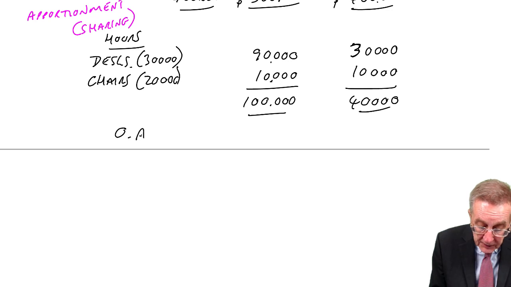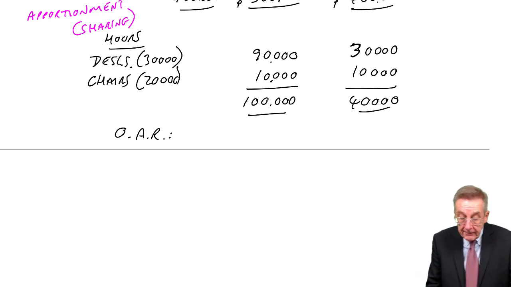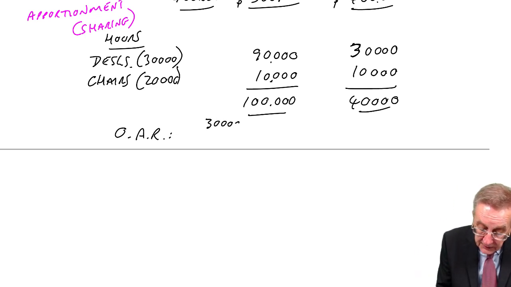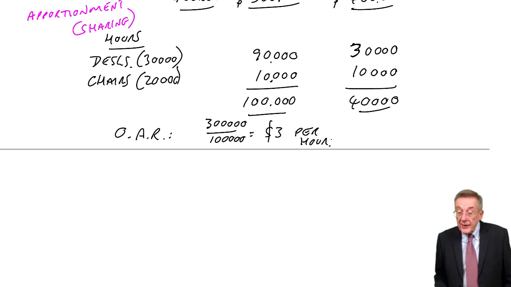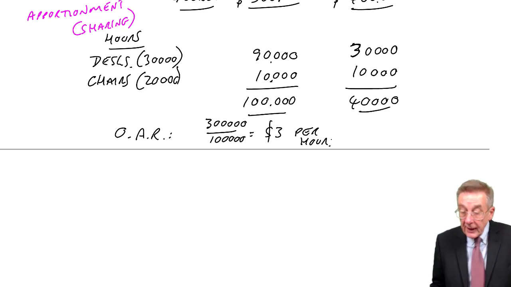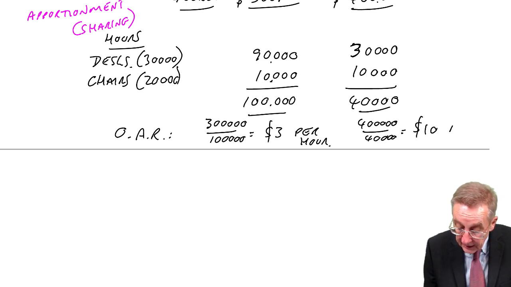The overhead absorption rates. What's the cost per hour in each department separately? In assembly, 300,000, 100,000 hours work. It's $3 per hour. And what about finishing? 400,000 for 40,000 hours work. It's costing $10 per hour.